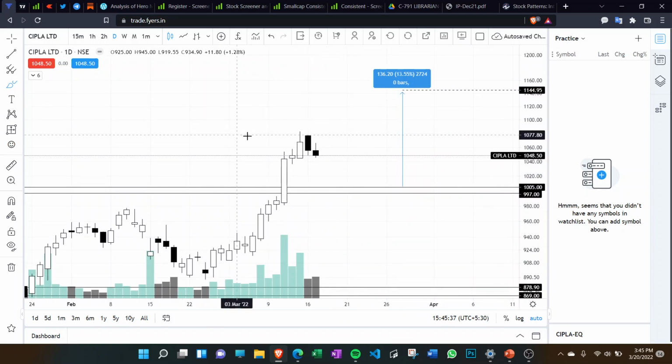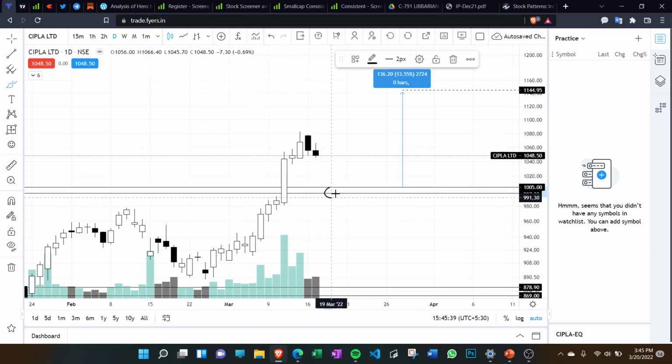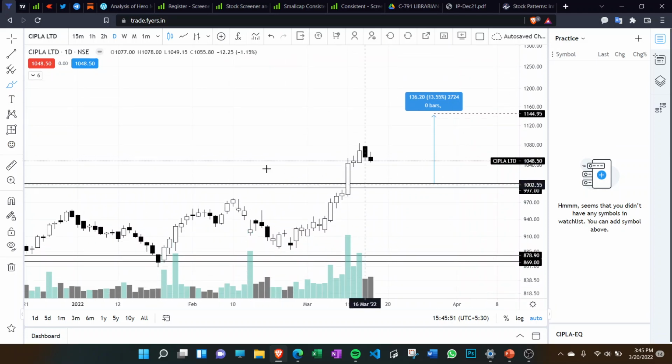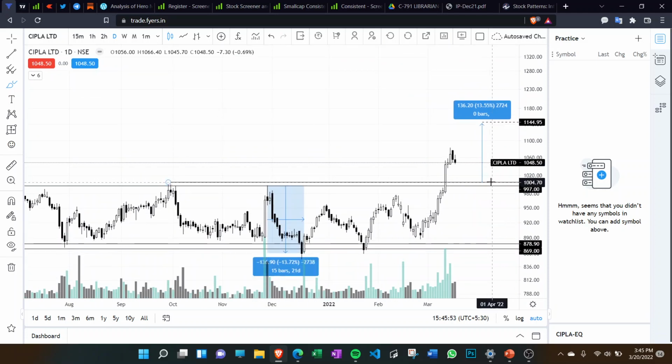That is a good sign, because if the breakout is real, then it won't test its previous resistance, which has now turned to support, more than one time. So this is your typical horizontal pattern as a continuation pattern.